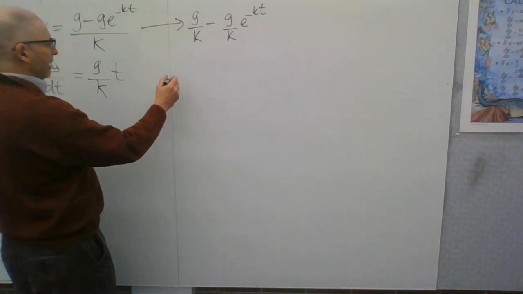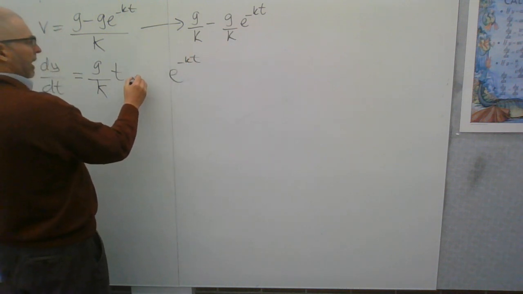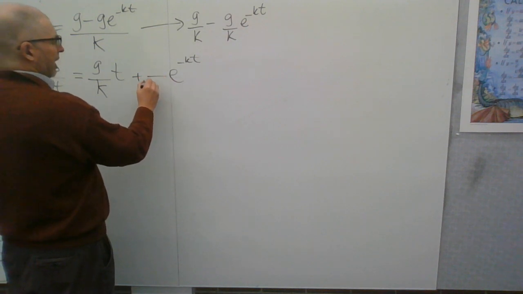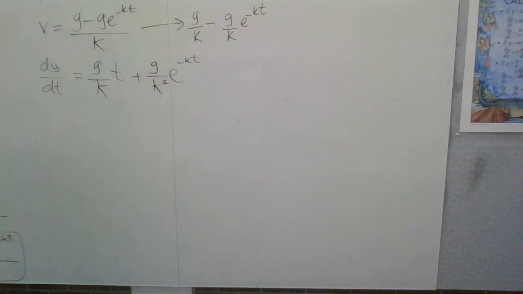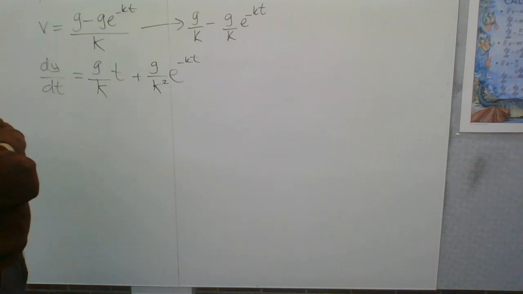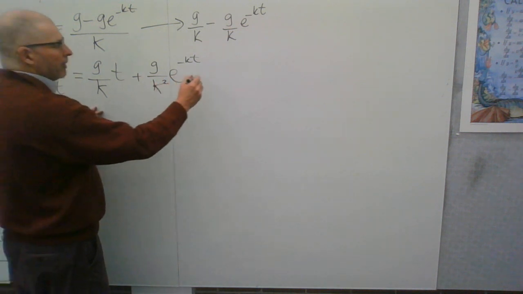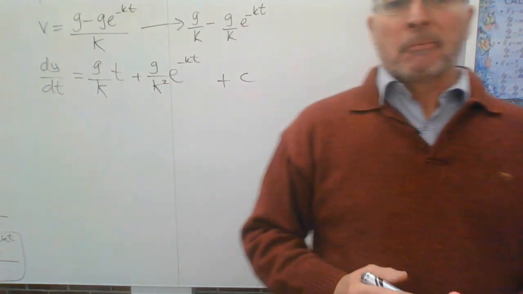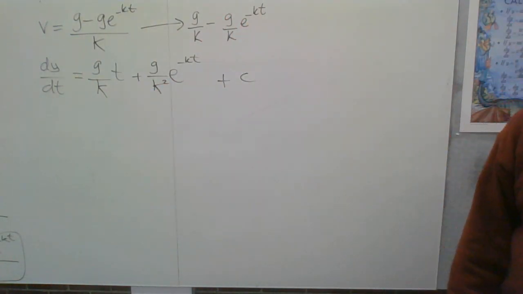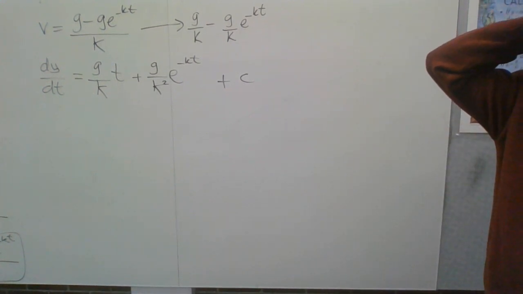And then this bit here will be e to the minus kt, and that would give me minus g on k e to the minus kt. So there's my integral. Don't forget the plus c. Now, I want to work out the plus c.